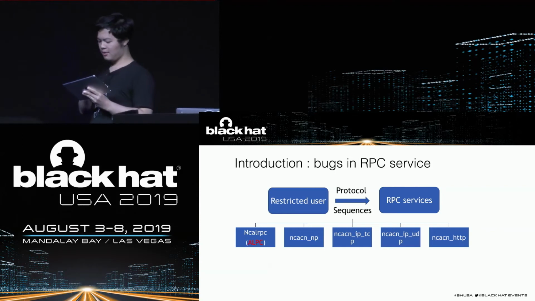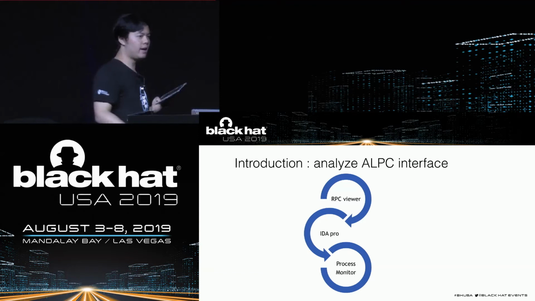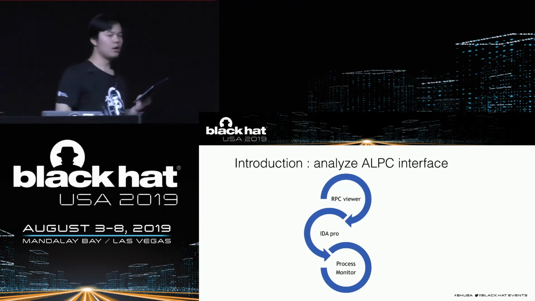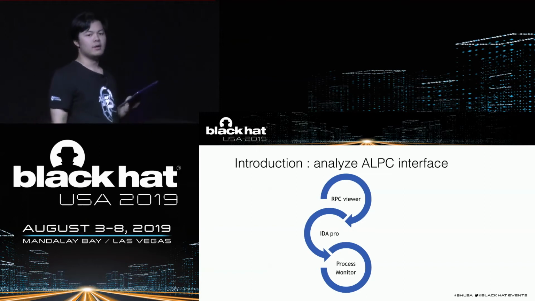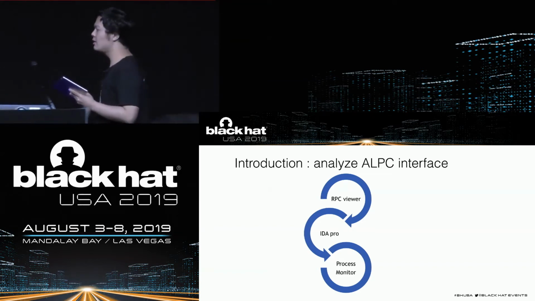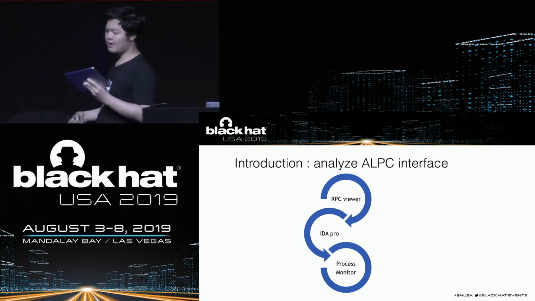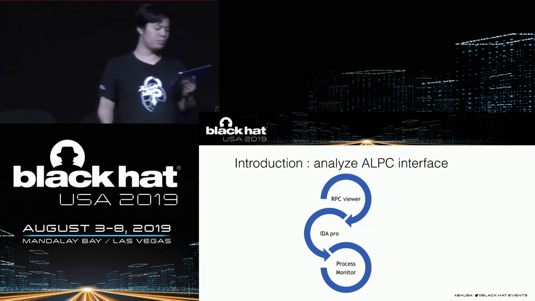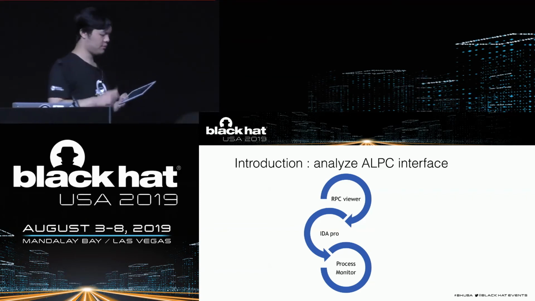So let's see how it works. When we analyze the ALPC interfaces, we first use a tool named RPC Viewer. It could reverse the interface to IDL code. And then we could analyze the related DLL file using IDA Pro and use Process Monitor to detect if there are sensitive operations.